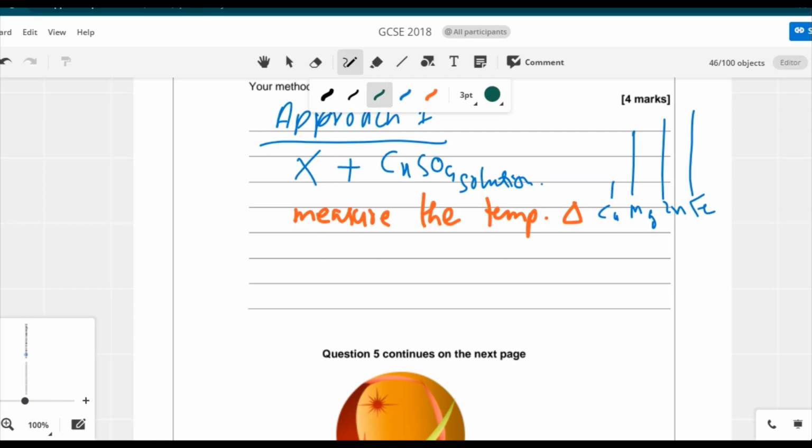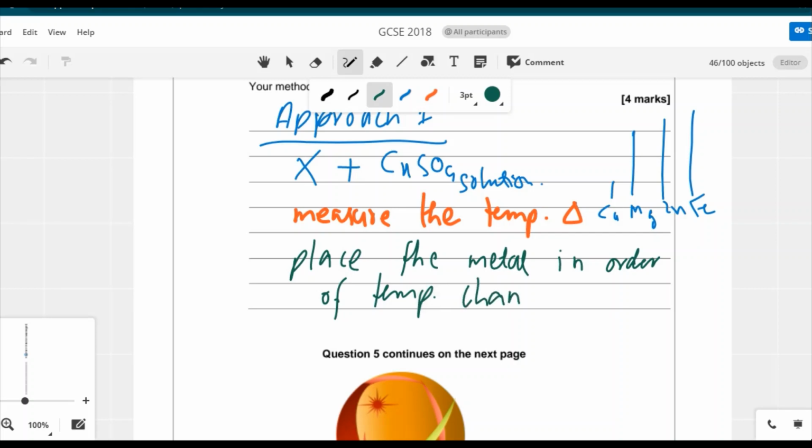So now we need to place the metals in order of temperature change. So it means the third step, that is place the metals according to the temperature change, or in order of temperature change.